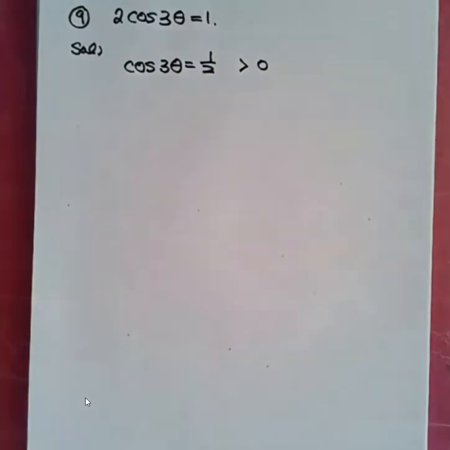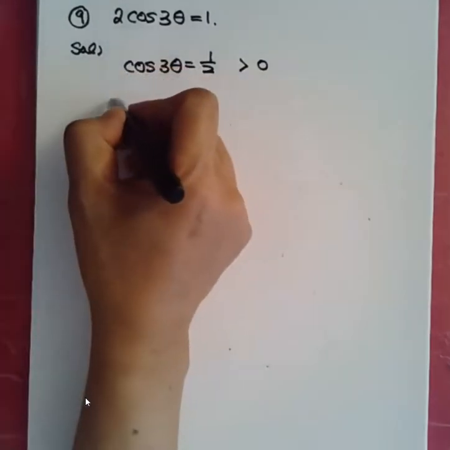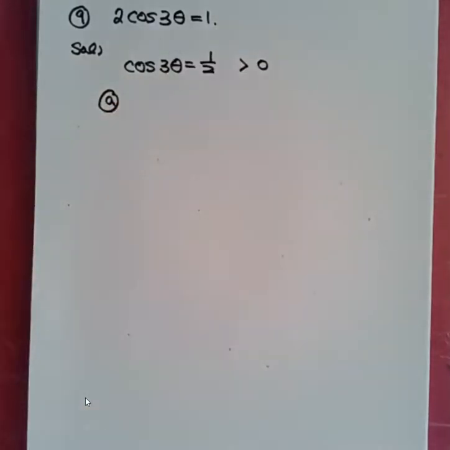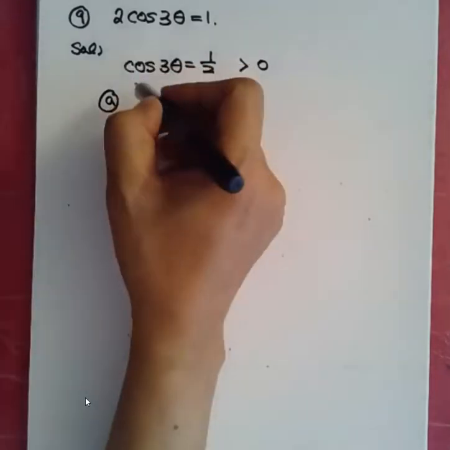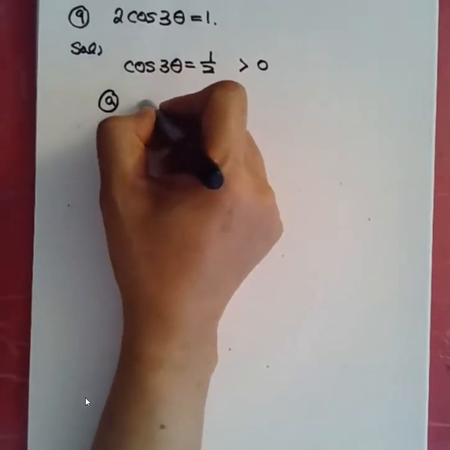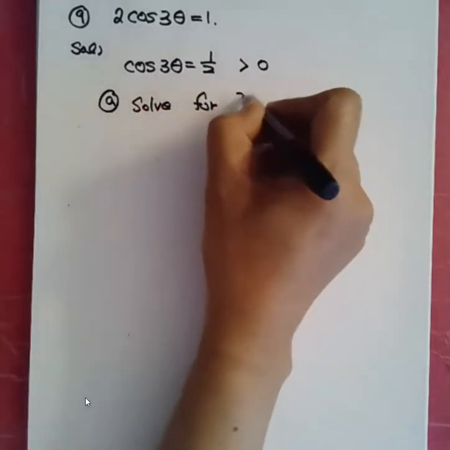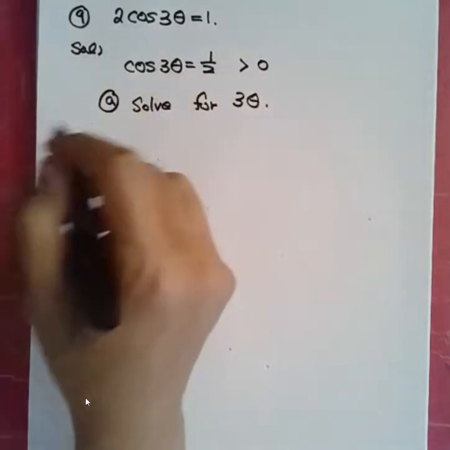Firstly, that is greater than 0. We will take 2 steps as we did before. We will solve for 3 theta.